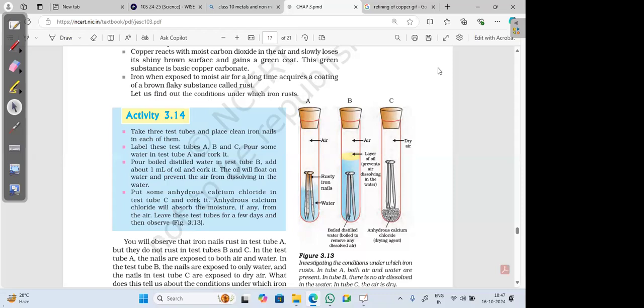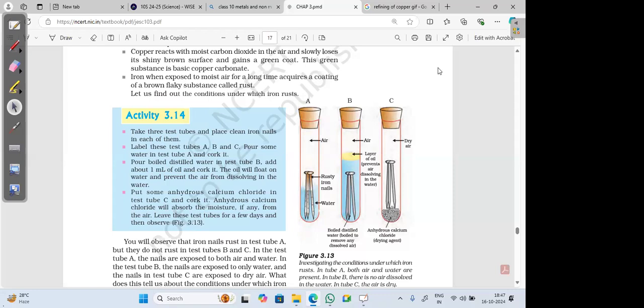And in the last one, there is no water present. Even to remove any moisture present in this test tube, we have added anhydrous calcium chloride, which is a drying agent. It will absorb all the moisture present here.